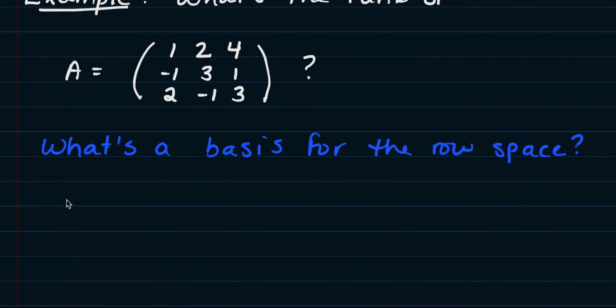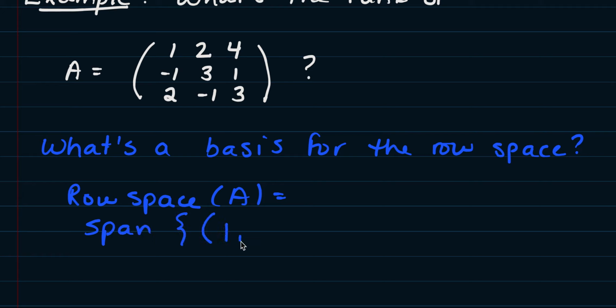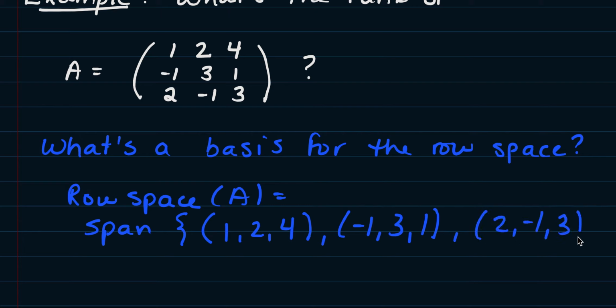Well, our row space is equal to the span of these three rows: 1, 2, 4, negative 1, 3, 1, and 2, negative 1, 3.